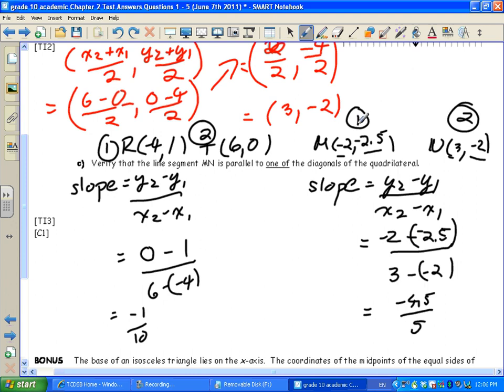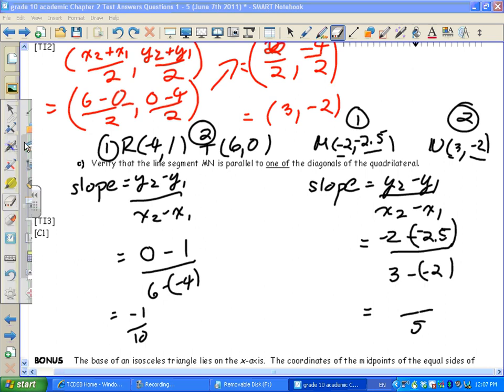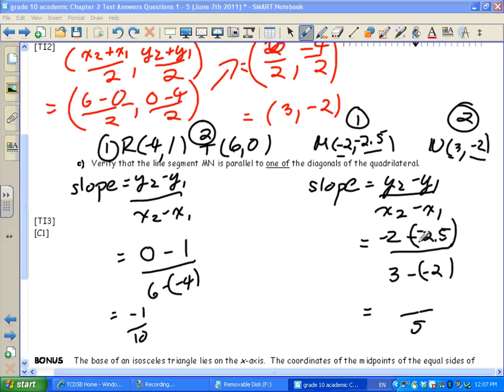So in other words, negative 2 subtract negative 2.5 is like negative 2 plus 2.5. So it gives us 0.5. Now, these are equivalent. Oh, yes. Negative. No.